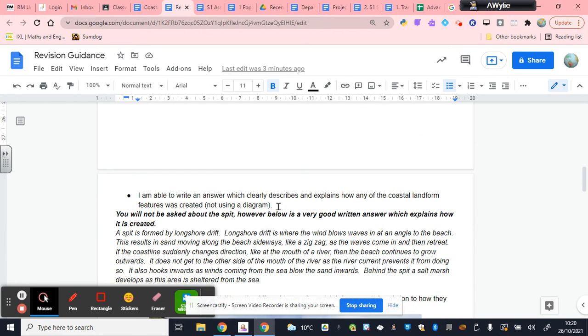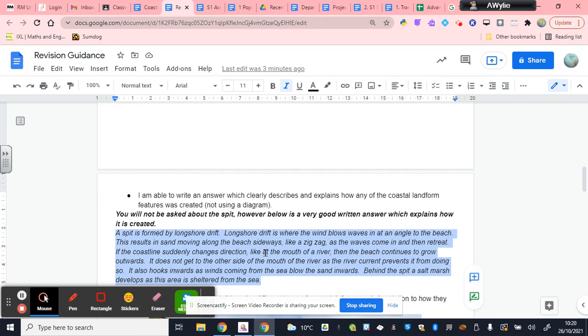But the third learning outcome is linked to the second. The difference is, instead of drawing a diagram, you have to be able to write an answer. Now, if you look in your jotter at the spit, which was a coastal deposition feature made by the sea dropping material, and read this answer here, you would see that what I've written is the same as what the diagram shows.